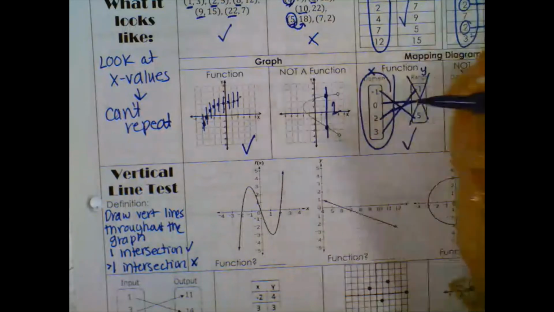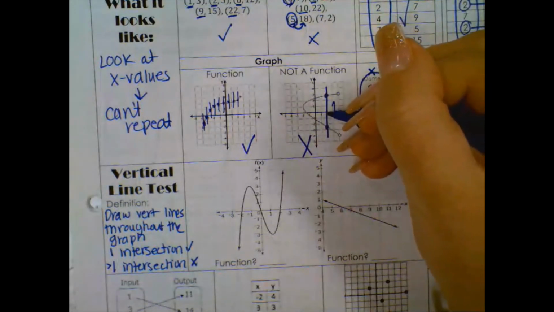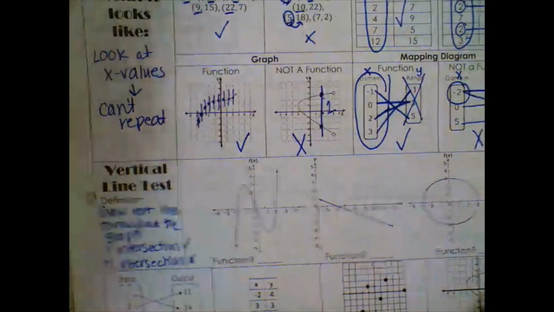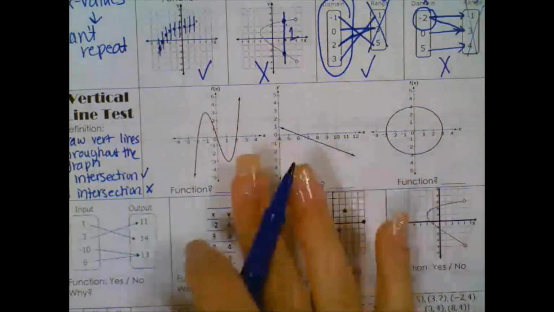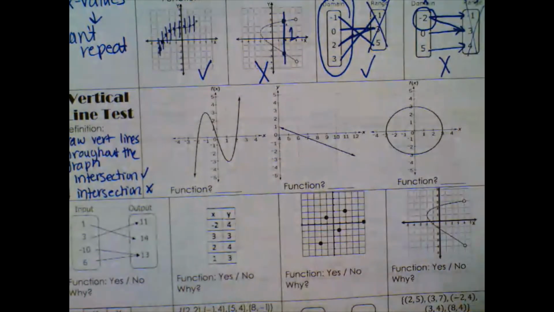It has more than one, right? It has 2. So that means this x output or this input of x has 2 different outputs, so not a function. So pause the video here and try these 3 on your own under this vertical line section. Decide whether it is a function or not.